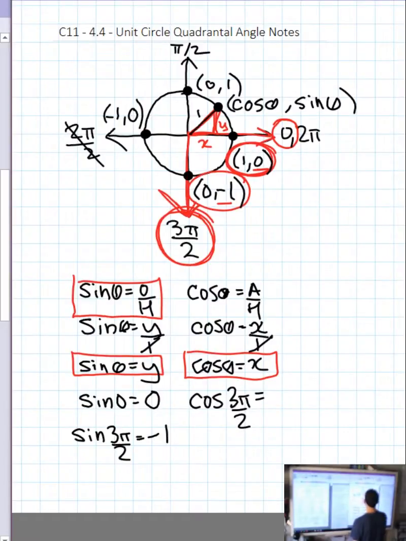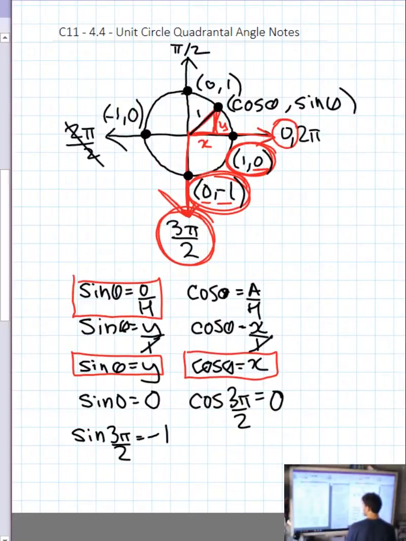That point, circle it, has an x value of 0, so the cos of 3 pi over 2 is 0. Feel free to check all these on your graphing calculator. We've got some examples about tan. When the adjacent is 0, it's undefined. We're going to get into that more in the next chapter. We've got some examples down below, like cosecant and secant and cotangent.